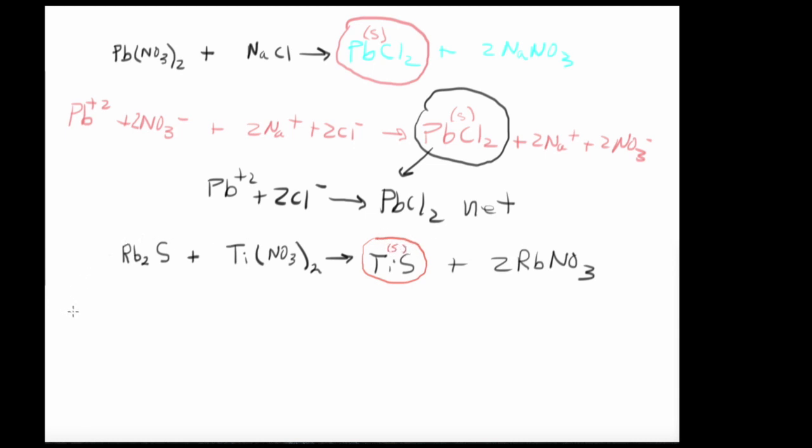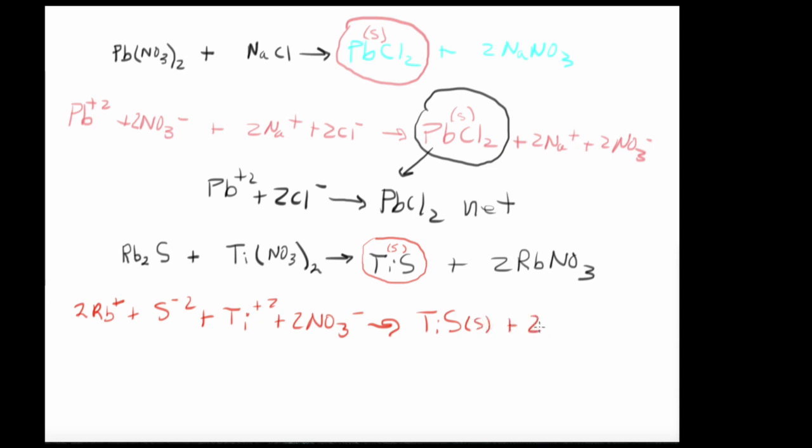All right, quickly doing the complete, we're going to have two rubidium pluses plus S 2- plus titanium 2+ plus 2NO3 minus. All right, and we write the solid, we do not separate it.